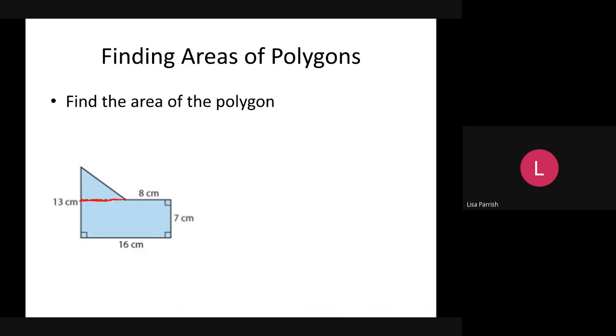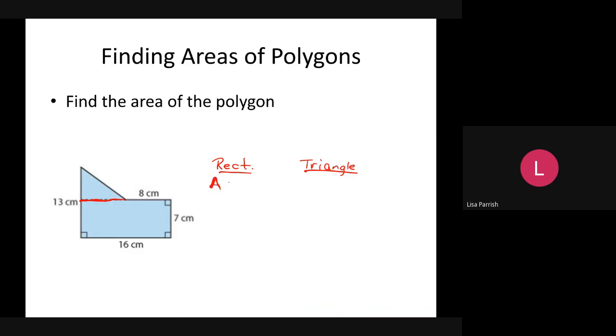So the first thing we want to do is identify our two shapes. So I'm going to go to the side and I'm going to abbreviate. I have a rectangle and I have a triangle. Okay, so I've identified my two shapes. Now let's write the formulas for each of those. You should hopefully have them memorized, but if not, look at your formula sheet.